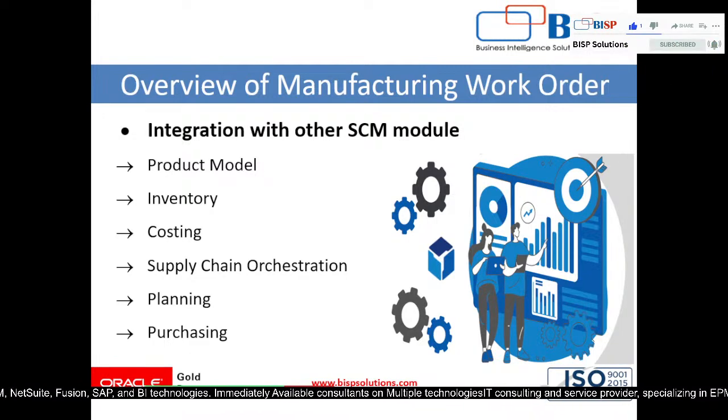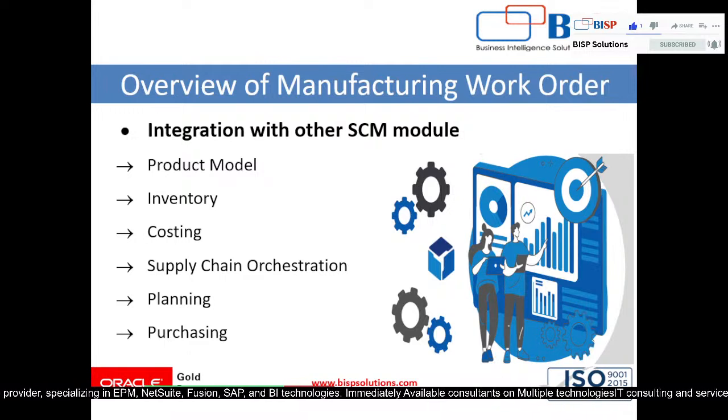So the work order integrates with other SCM modules such as Oracle Fusion product module and product model, and we have inventory, costing, supply chain orchestration, planning, purchasing, right? We have different modules in the supply chain management, and they are integrated with our manufacturing plant so that we can perform the standard work order, right?